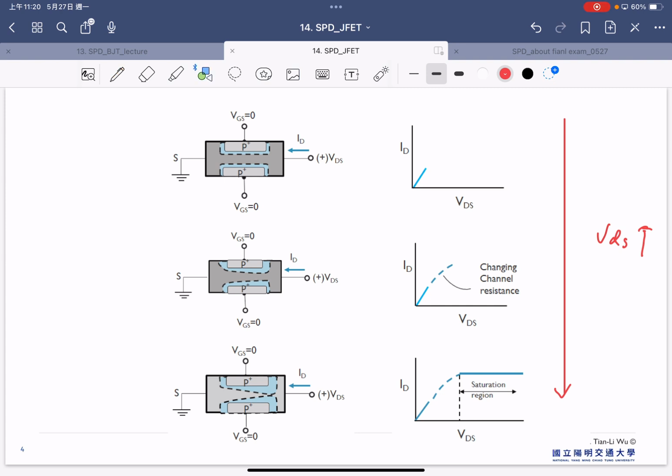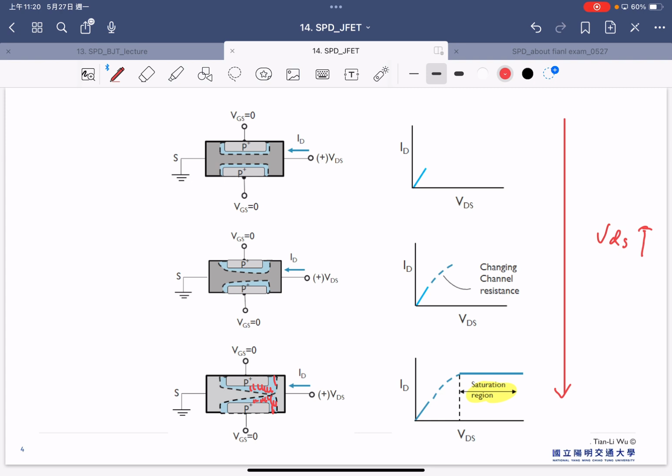Then we still can clearly see this saturation region. And this saturation region is because of the reverse bias, so the theory behind is exactly the same as the MOSFET.